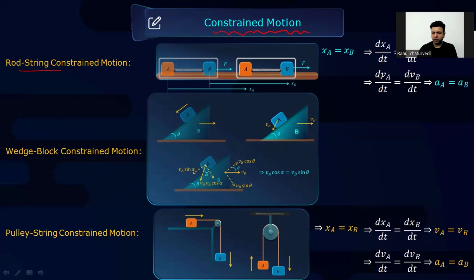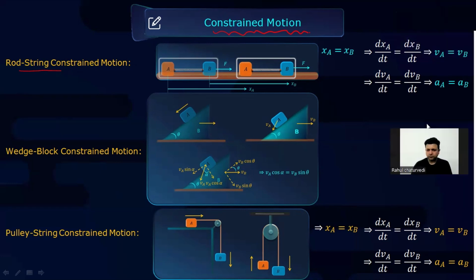So here, you can observe that when you apply some kind of force, after some time the displacement of block A will be XA and the displacement of block B will be XB.